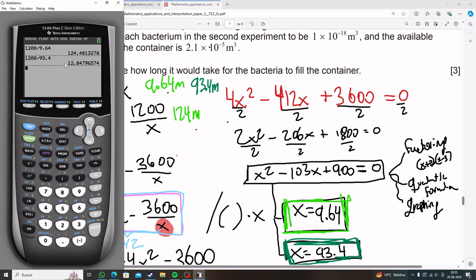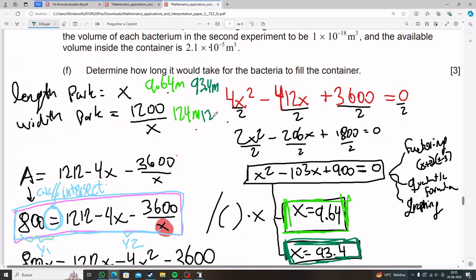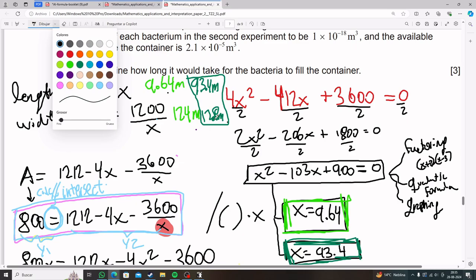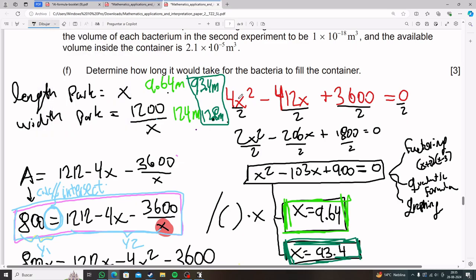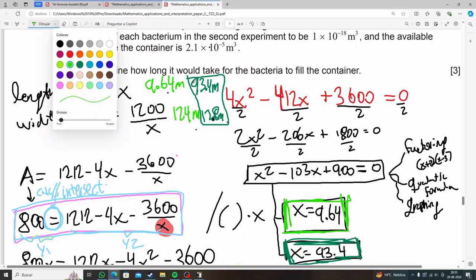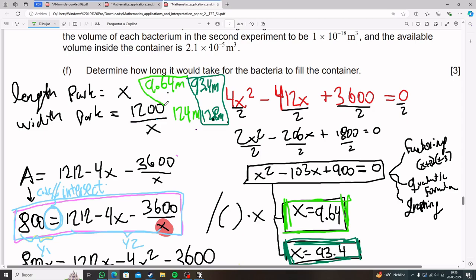In terms of significant figures, it's 12.8 meters. So these are your two scenarios for length and width. You either have a length of 93.4 with a width of 12.8, or a length of 9.64 and a width of 124.